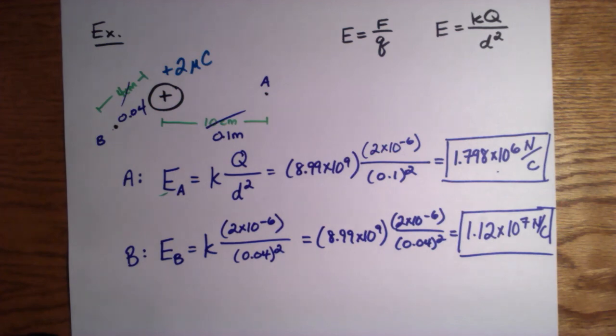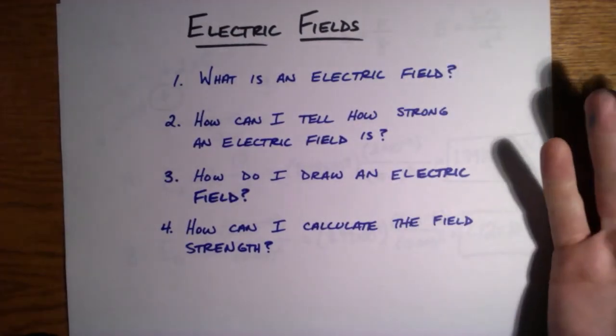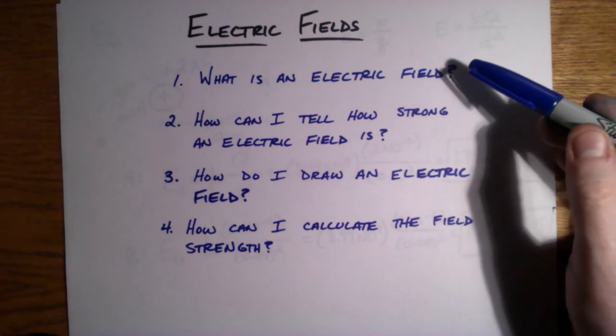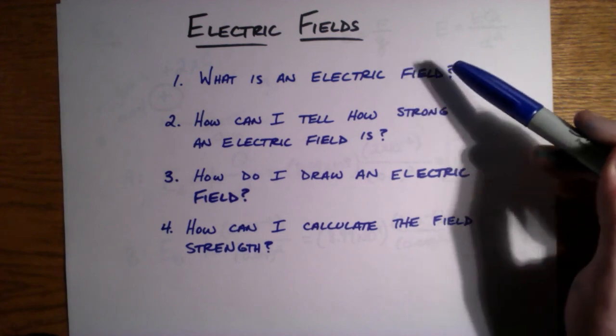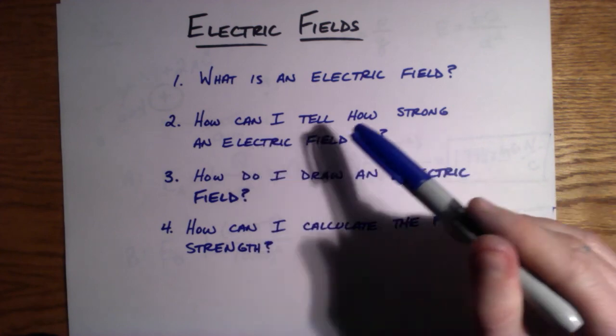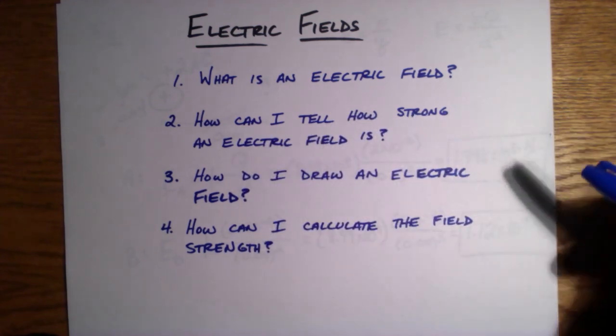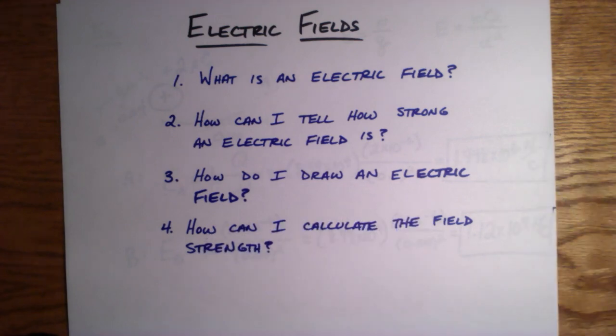So I hope this wasn't too much all at once, but at this point, you should be able to tell me what an electric field is. It's just the force that will act on a positive test charge at any location. You should be able to tell me that the strength of an electric field is related to the spacing between those lines. We draw electric fields by essentially using a positive test charge and denoting the direction of the force at any given location.